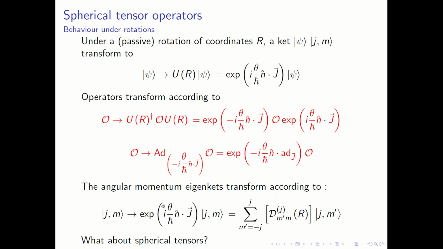Now, notice that the operator which is acting here, exp(−iθ n̂·J/ħ), is very similar to the operator which is acting here. There's one change, of course, there's a minus sign. So, spherical tensors, on which the action of ad J3, ad J+, ad J−, is perfectly well defined.